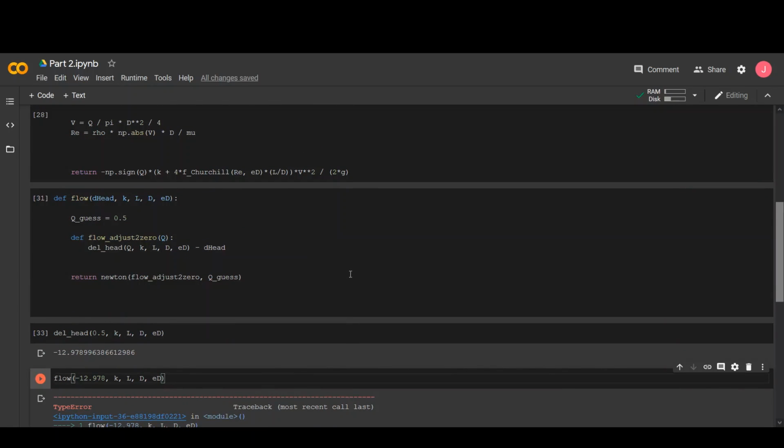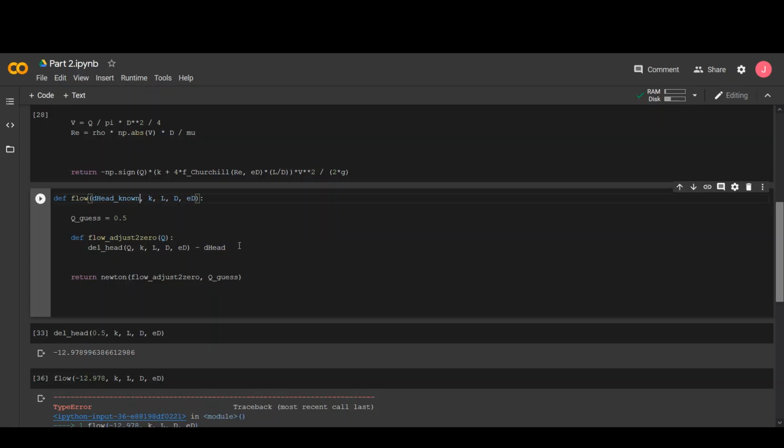I'm going to change this name. I think it's a little confusing, these different delta heads. It's like, what is the difference between this and this? This is, we already know this for a fact. This delta head is really a guess because we're using a guessed flow.